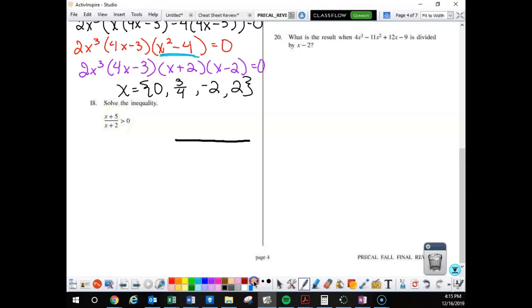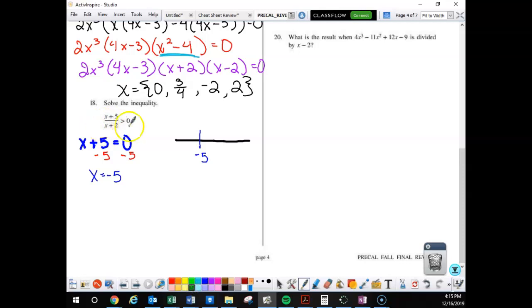I have to check the x intercepts or the roots, so meaning I have to check the numerator. So I have to set the numerator equal to 0. So I subtract 5. So x is equal to -5. And then I also have to check the asymptotes.